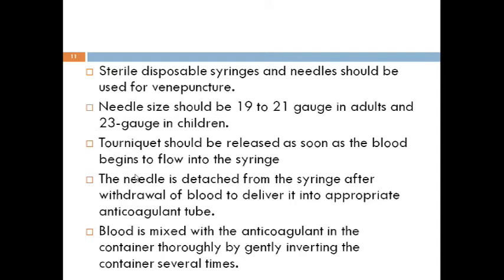There are some instructions when you collect the blood sample. The needle size should be 19 to 20 gauge in adults, and for children it is 23. Blood is mixed with the anticoagulant in the container. Always use a sterile disposable syringe.